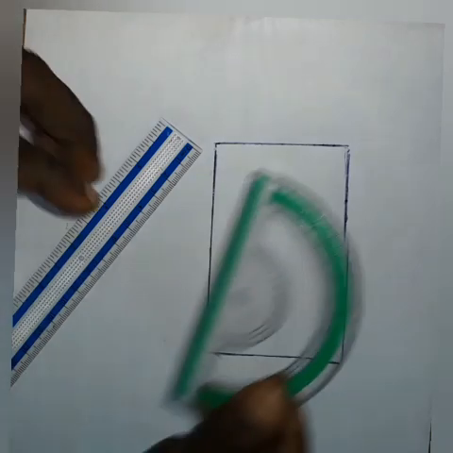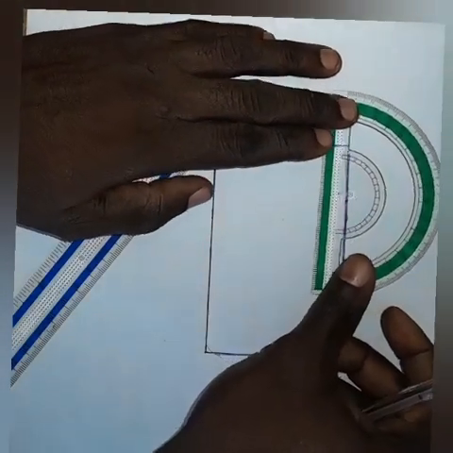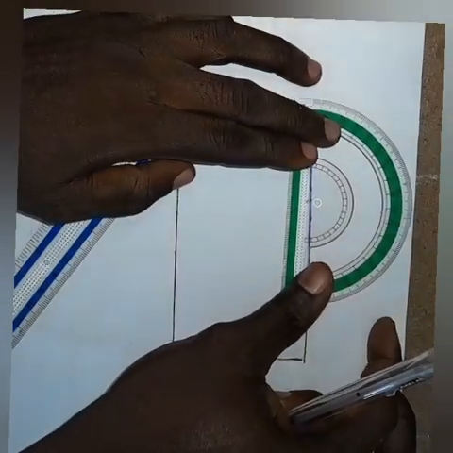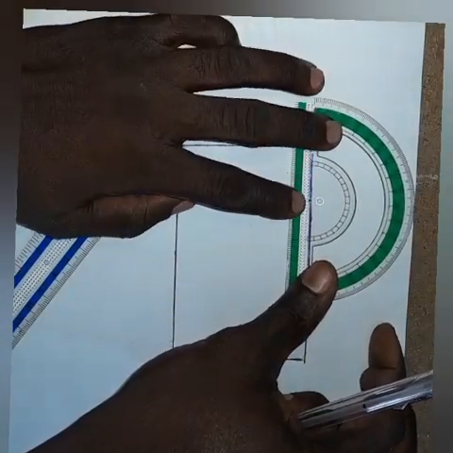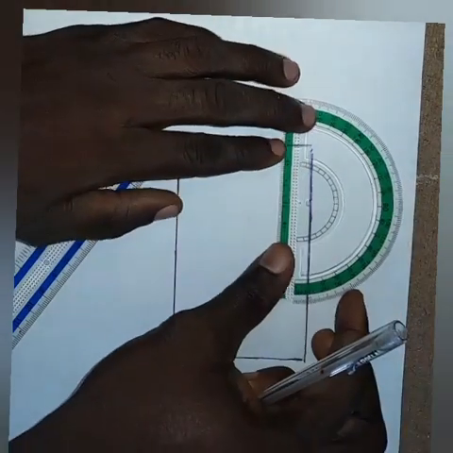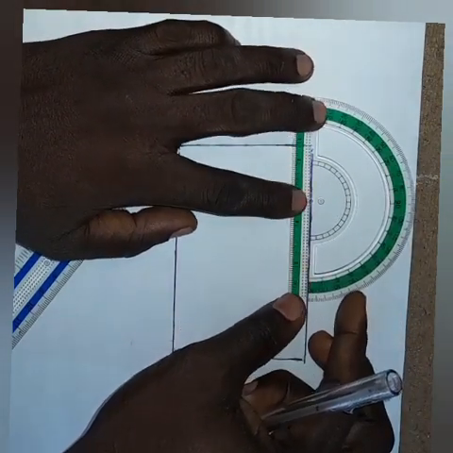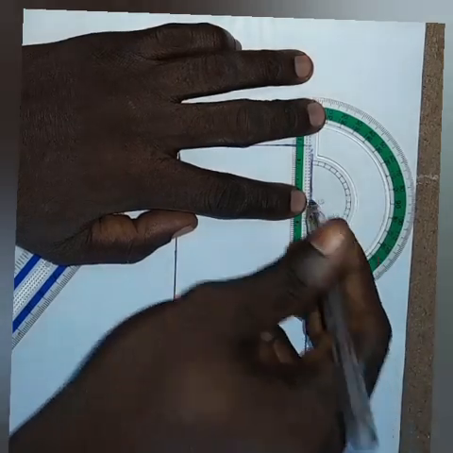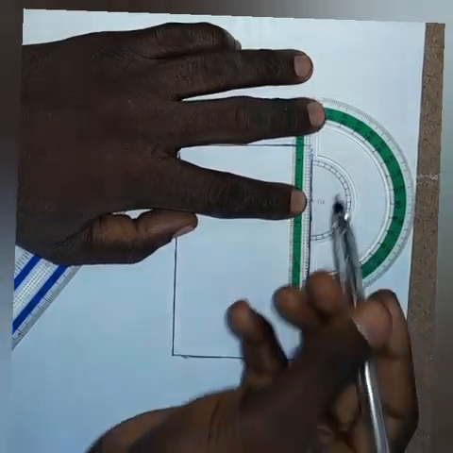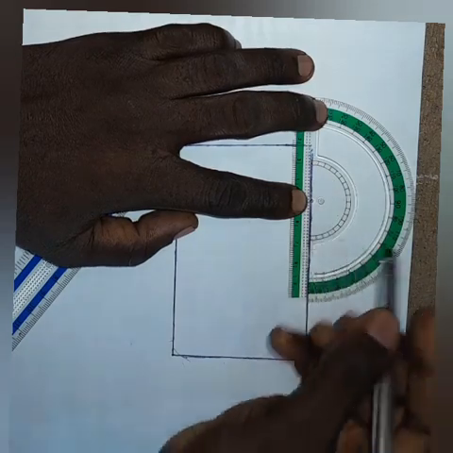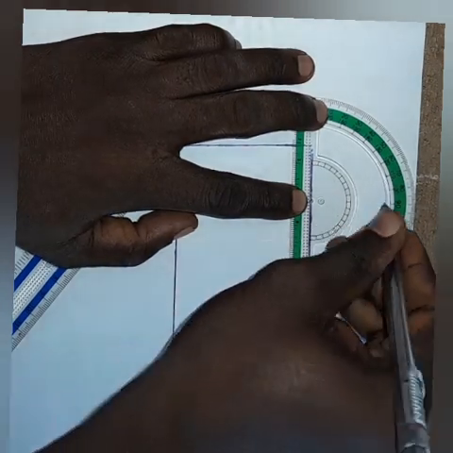Then I'm going to take my normal. Place this on top of this. So we'll take our normal at this point. Ensure that this dot here is at the point that you marked there, then this 0 mark is on top of this line. So this is my 90, so I'll put a dot here.